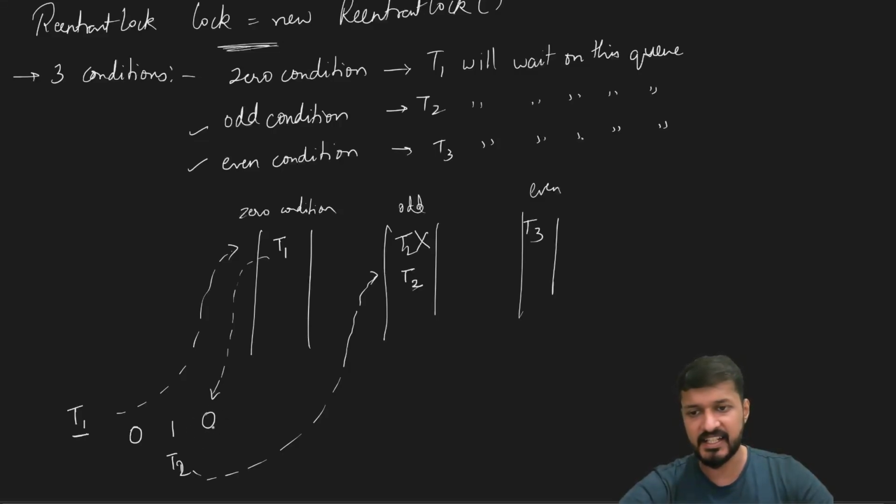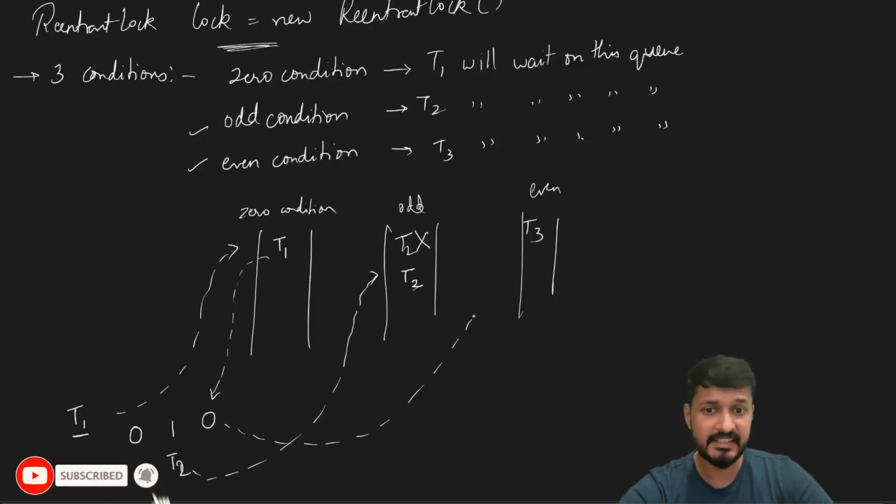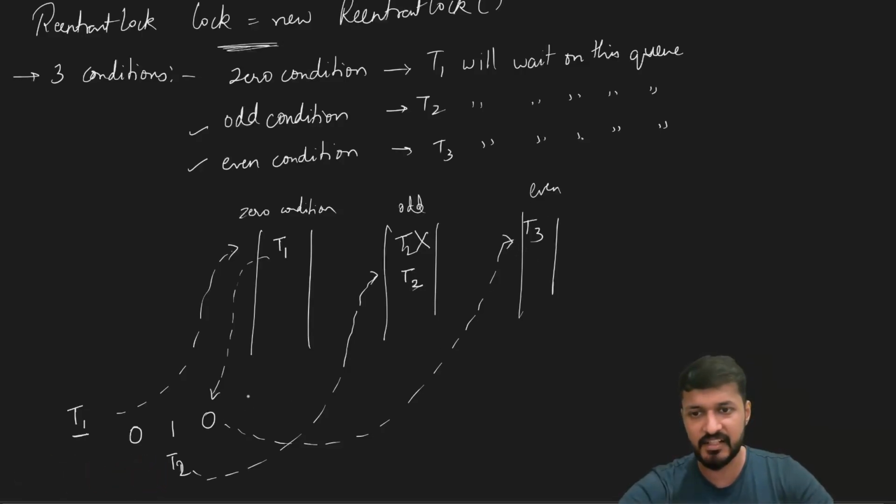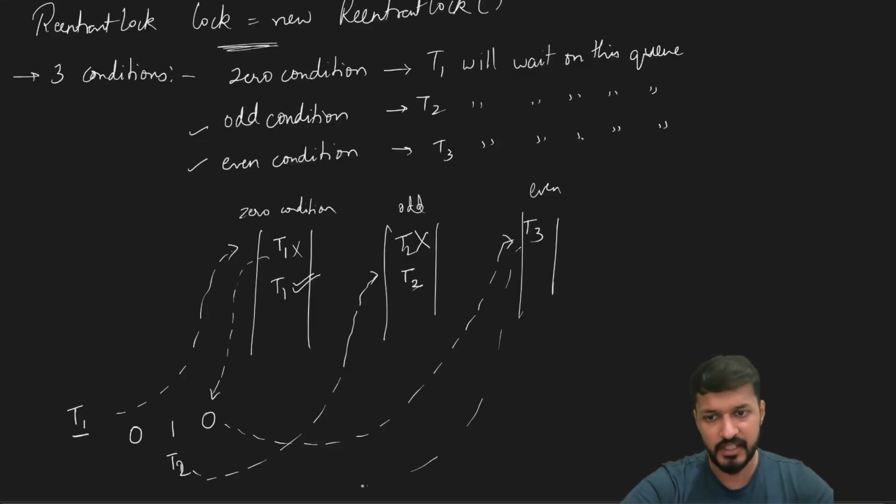Now for the second time, after printing 0, what will T1 do? T1 will now go ahead and ask the thread waiting in the even queue to come and print 2, right? And T1 itself will again wait in the condition queue, right? So T3 will now come and go ahead and print 2, right?